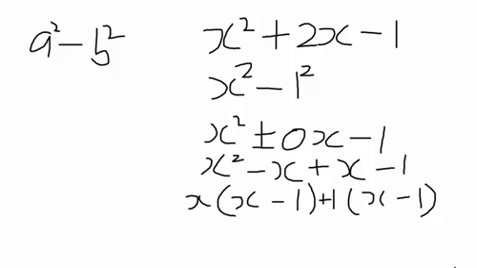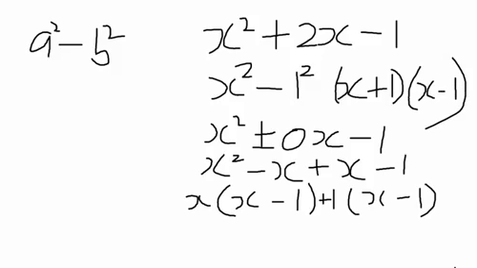That's telling you that the two values that you actually need are x plus 1 and x minus 1. If you open up this bracket, you get back here. So that is what we want to write for a squared minus b squared.